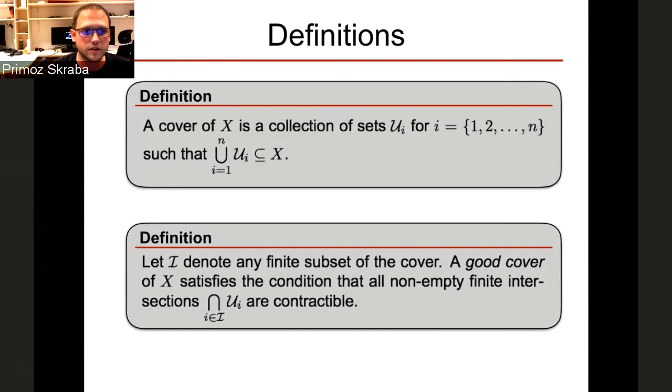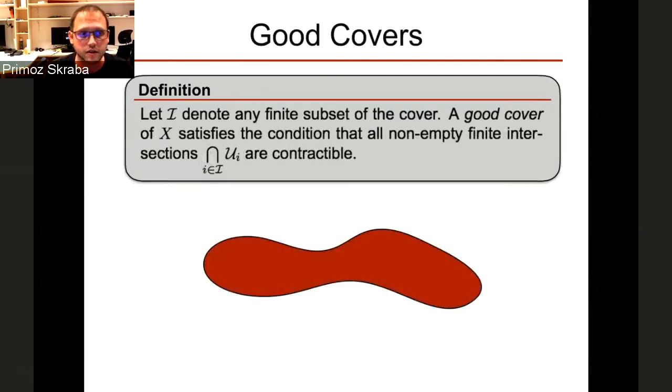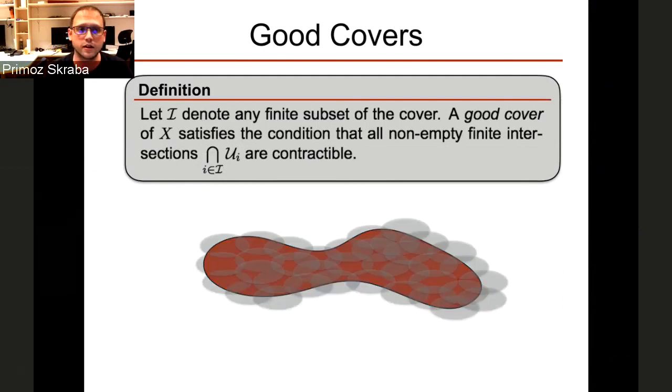So let's take a look at what this would look like. Here we have our topological space, and we cover it with little sets. Here all the sets are roughly round, and so each of these little pieces has to be contractible, but also all intersections have to be contractible, and all three-way intersections, actually all higher intersections have to be contractible as well.